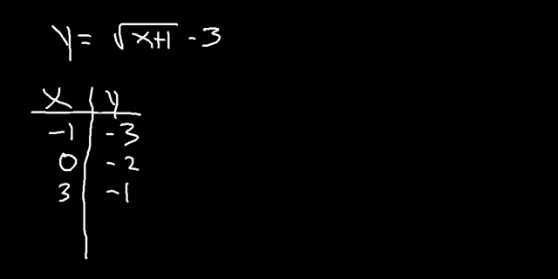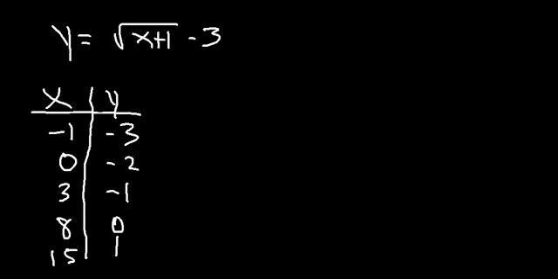Now the next point I'm going to plug in is 8, because 8 plus 1 is 9, the square root of 9 is 3, and 3 minus 3 is 0. If I want another point, I'm going to plug in 15, because 15 plus 1 is a perfect square, 16. The square root of 16 is 4, 4 minus 3 is 1. So you want to plug in numbers that are perfect squares, where the radical would simplify to an integer, and that's going to make your life easier.